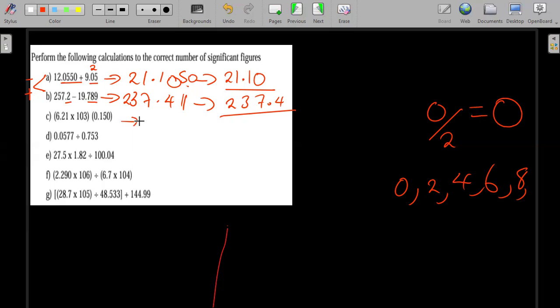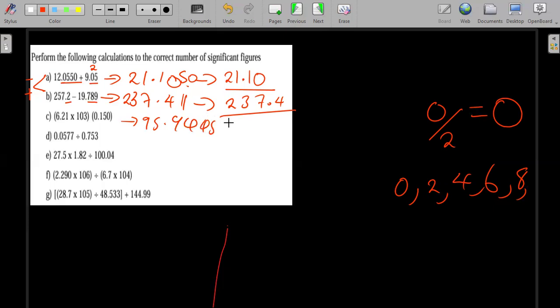So we get our 6.21, we multiply it with 103, then we multiply it with 0.150. It's 95.9445.